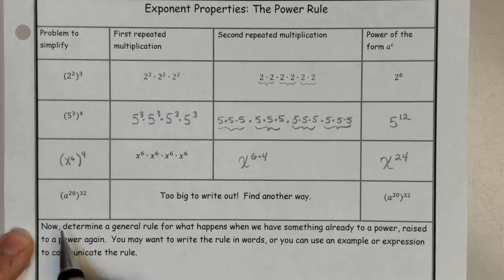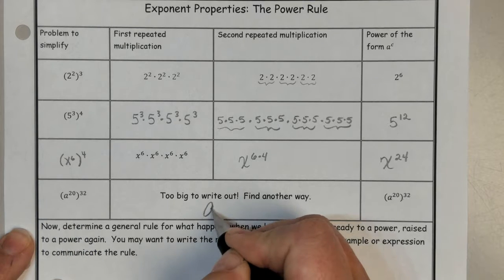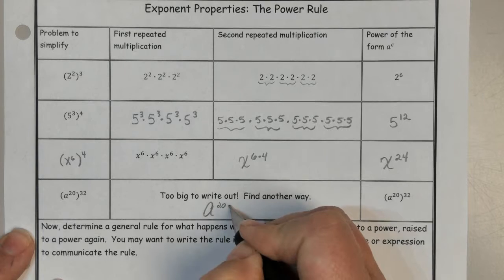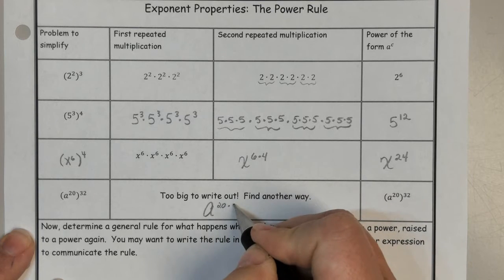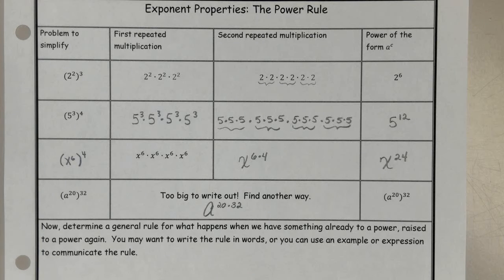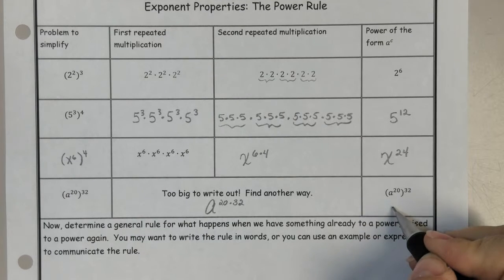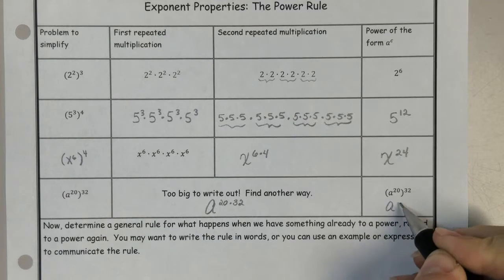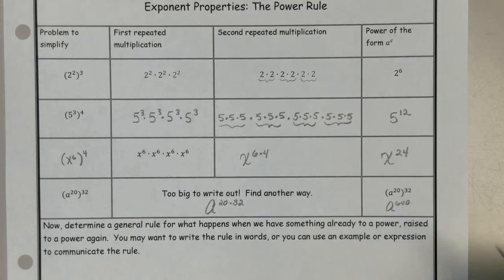So if we find another way, we're going to write it as a to the 20 times 32. When I multiply 20 times 32, that's going to equal a to the 640th power. Way too many a's to write out.